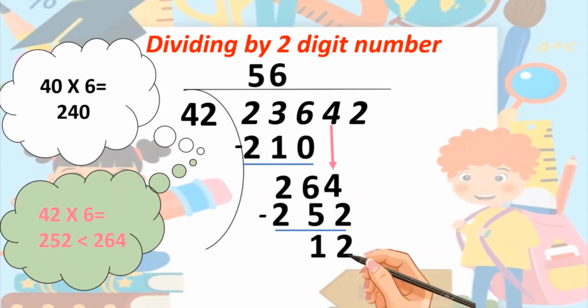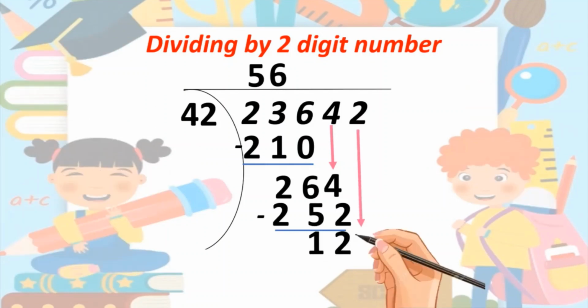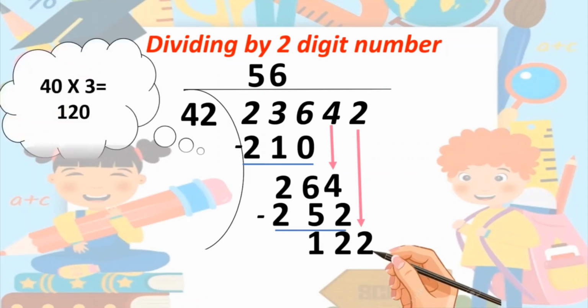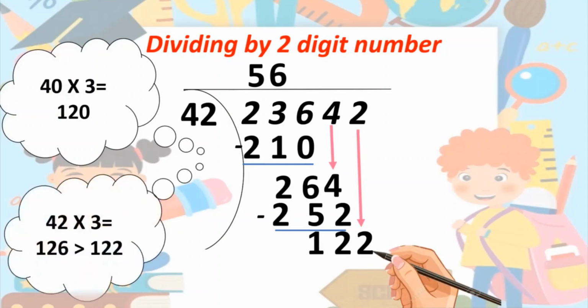Now we bring down the next digit, that is 2. So 40 times 3 is 120, which is less than 122. So let us try multiplying 42 by 3. So 42 multiplied by 3 we get 126. But 122 is less than 126.